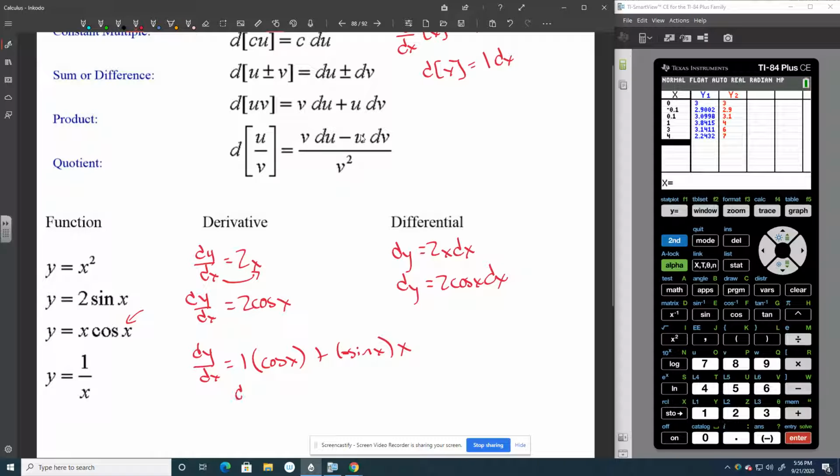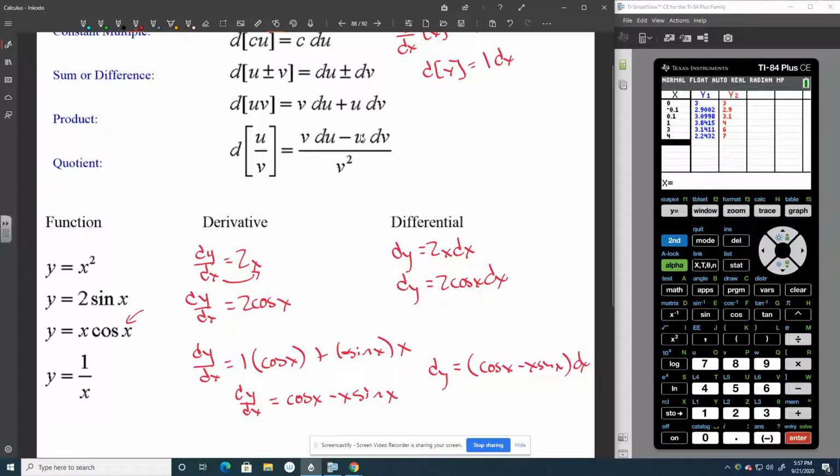So let's rewrite that. dy dx equals the cosine of x, and I'm going to put the negative x in front with the sine x. And then to write it as a differential, I'm just going to multiply dx by that whole side. So I'd say dy equals the cosine of x minus x sine of x dx.